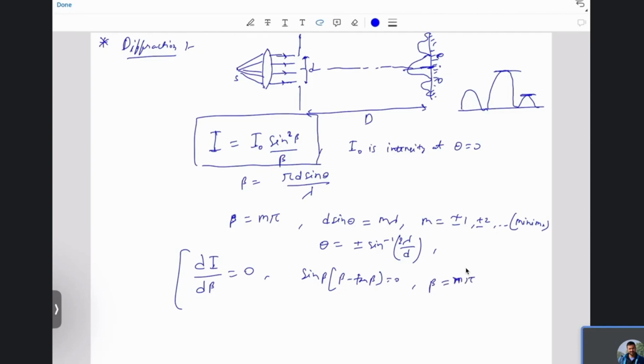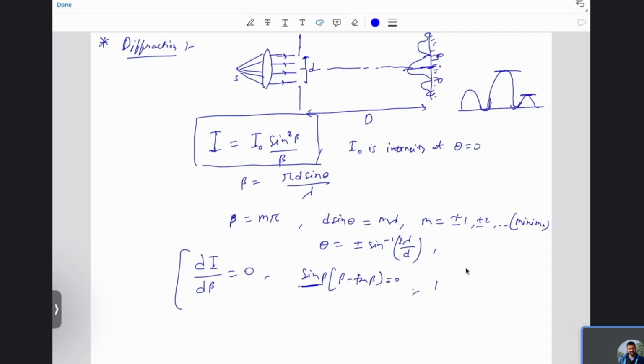So sine beta equal to 0 corresponded to minima, because the minima also has slope 0, right?